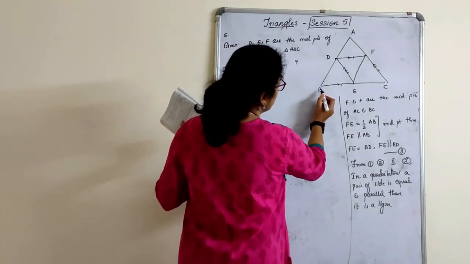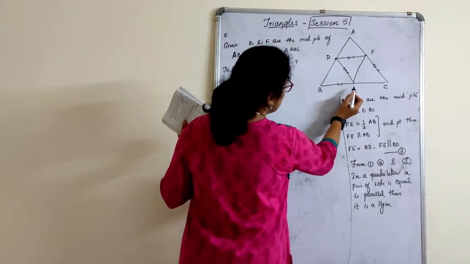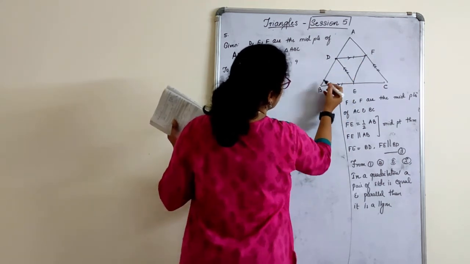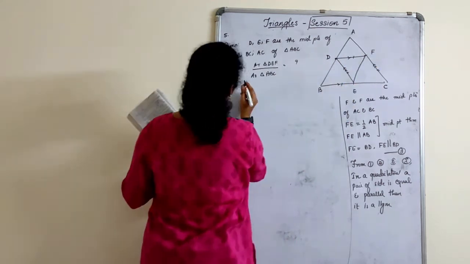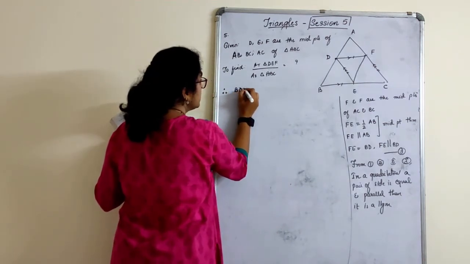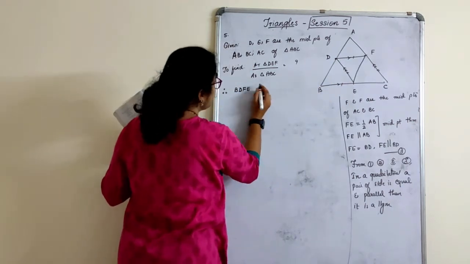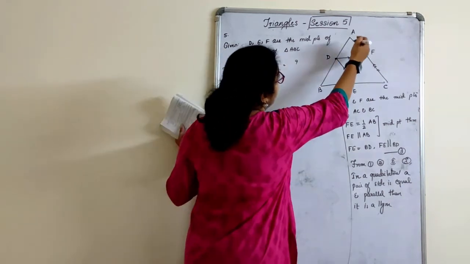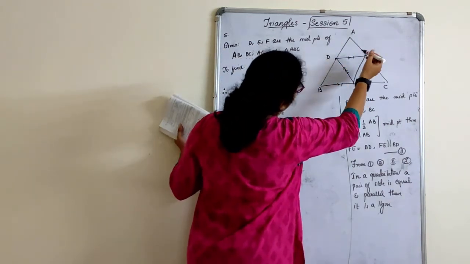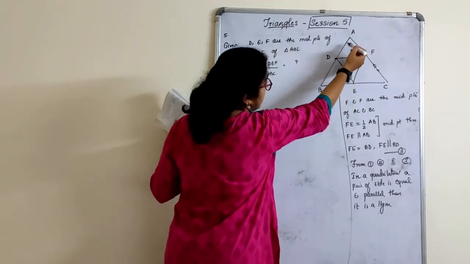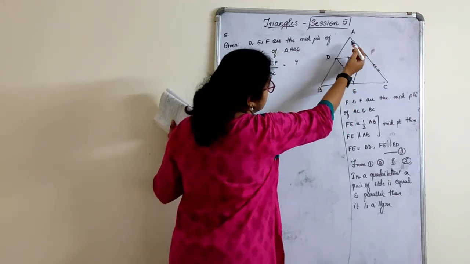Now see here, one parallelogram is BDFE. This is one parallelogram, okay? And see here, another parallelogram what you find is here. This part we have not mentioned, but we can even consider that.